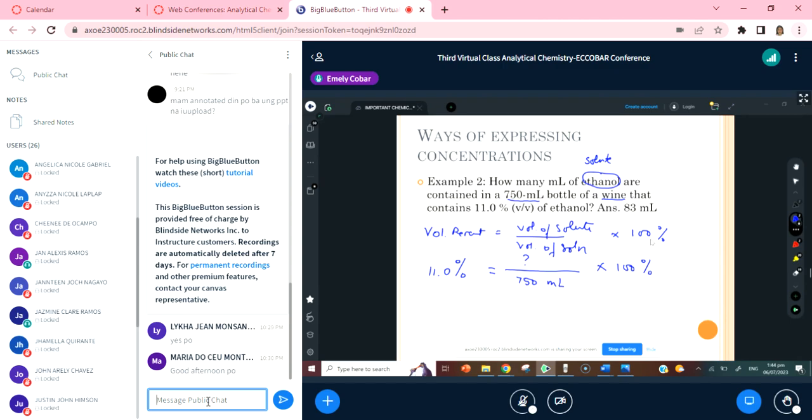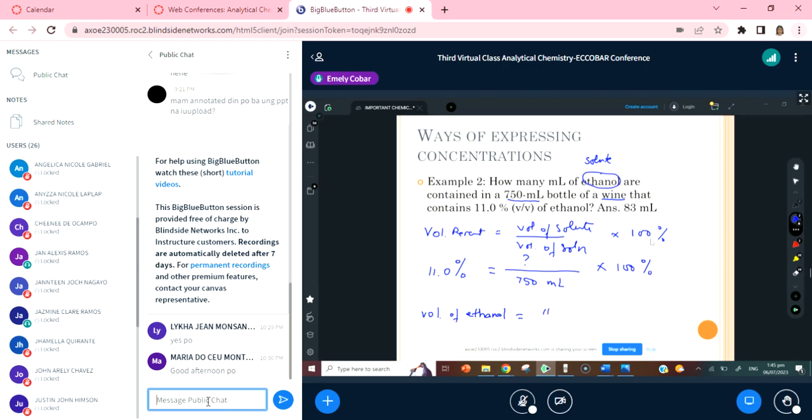The volume of solute, ang solute natin is ethanol. Okay, so how do we solve this problem? Okay, we're looking for this, right? Una, syempre, divide by 100 para malis yung percent. And then multiply by 750.